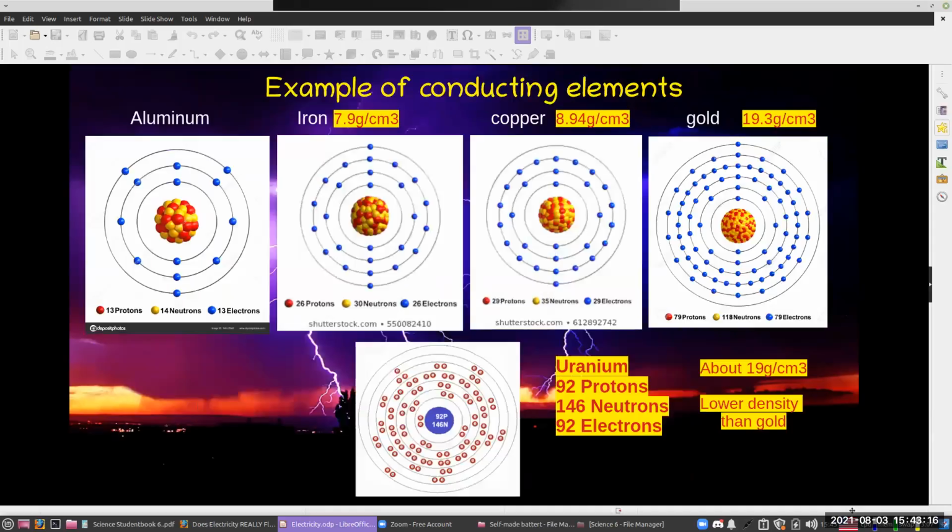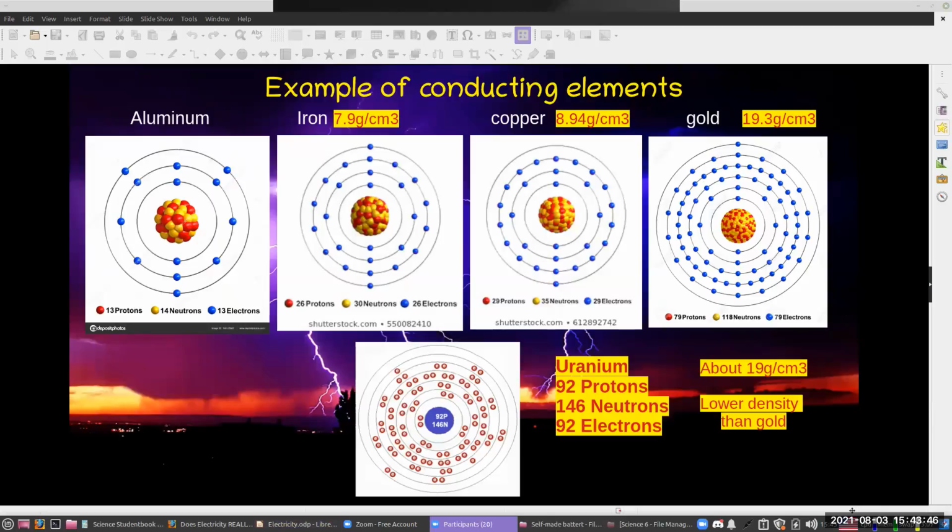Here's an example, we have different atoms: aluminium, iron, copper, gold, and the last one, maybe you know, uranium. Who knows uranium? Where is uranium used? Who knows it? Try it again, I must make it more open.